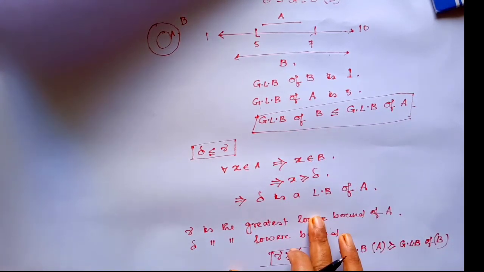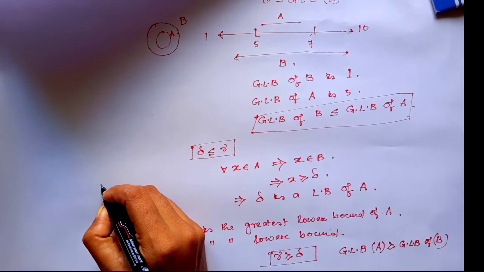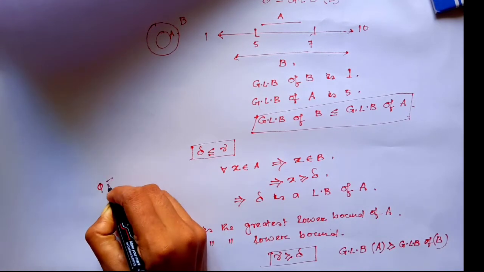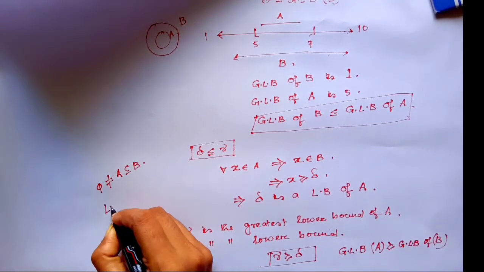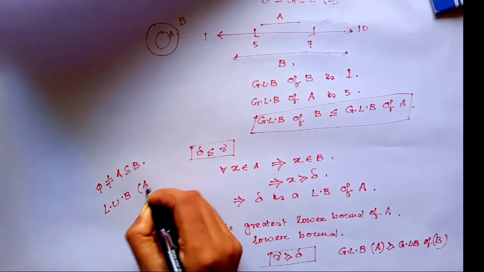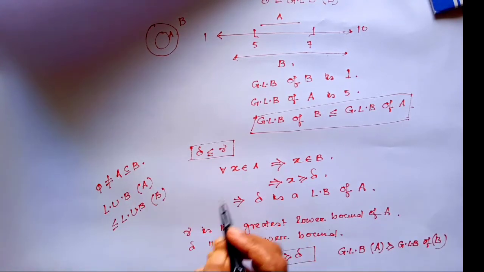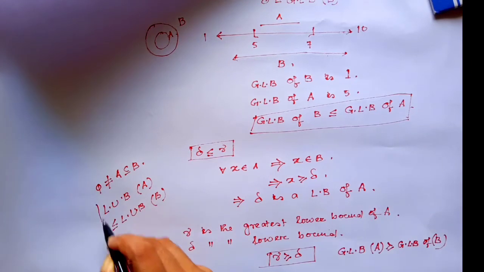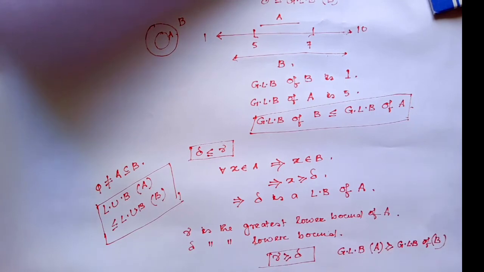And in my previous video I have proved that for any non-empty set A which contains B, then LUB of A is less than or equal to LUB of B. This is the relation of LUB and GLB. Now I am going to say some properties of upper bound and lower bound.